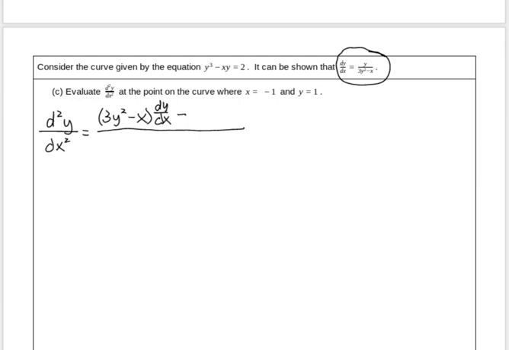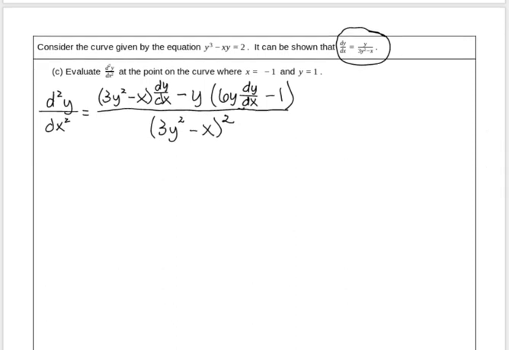Minus the top times the derivative of the bottom. So we're going to have 6y dy dx. Again, there's that implicit, minus 1. And then all over the bottom squared. So 3y squared minus x quantity squared.